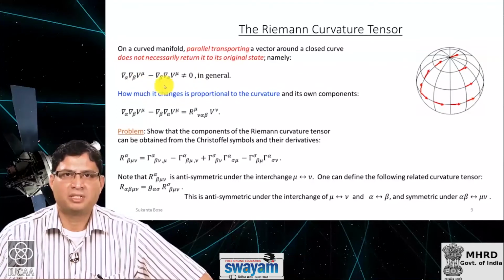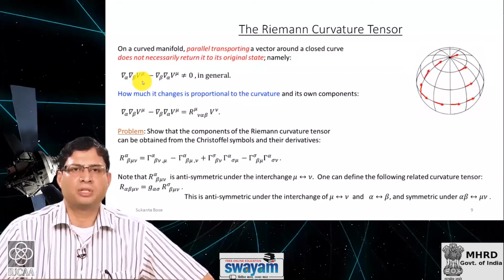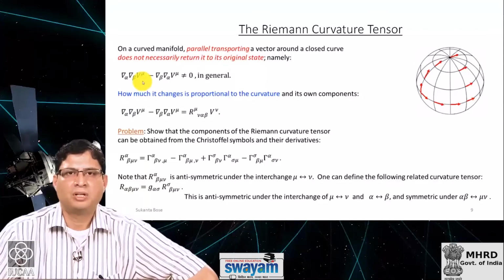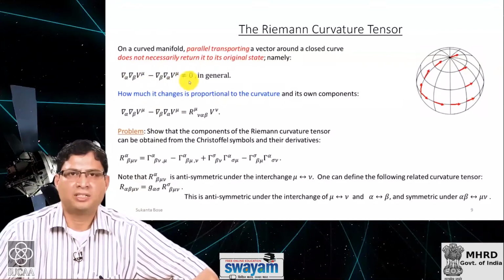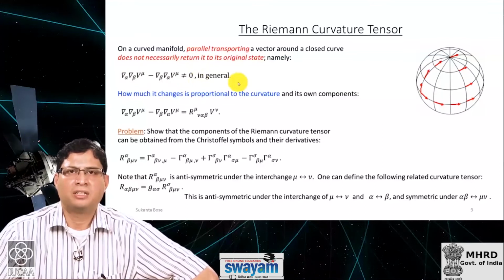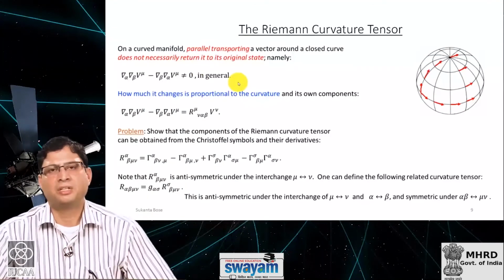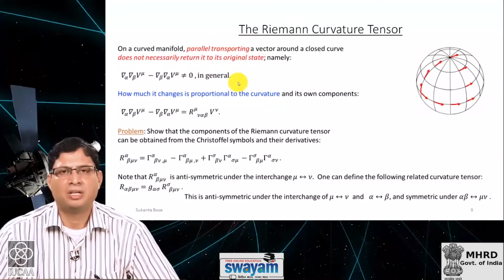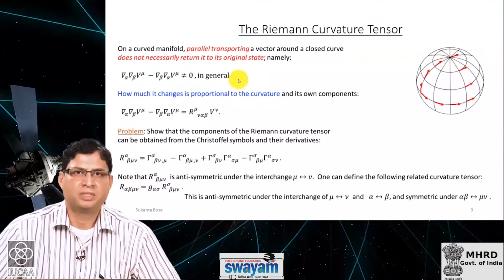But if your space-time is curved, then this reverse action of these derivatives on the vector does not compensate for the change in the vector when you carried it along the first two sides of the parallelogram. So if this net action is not zero, that is tantamount to the fact that your space-time is curved.